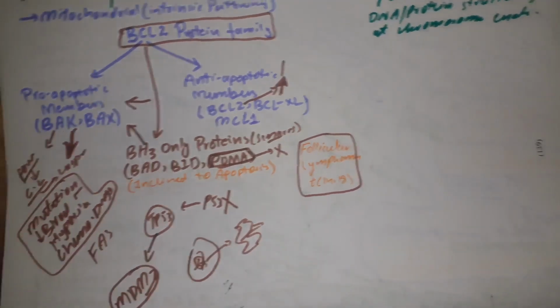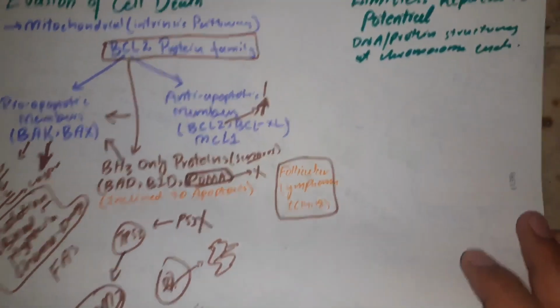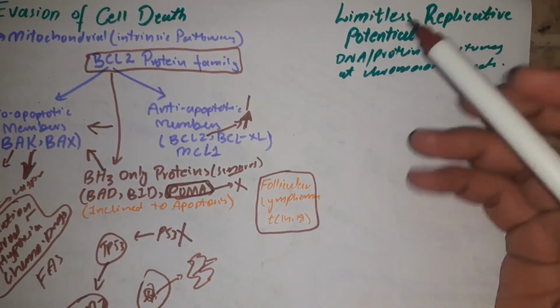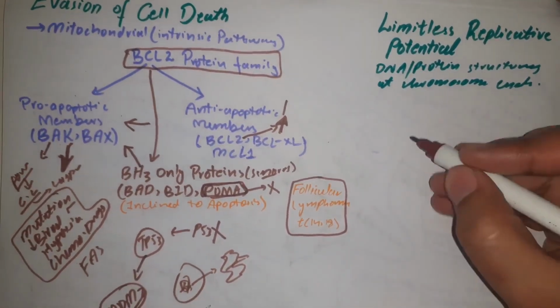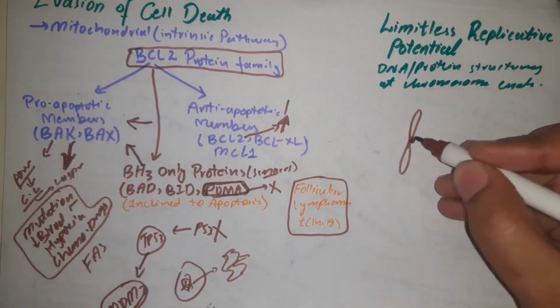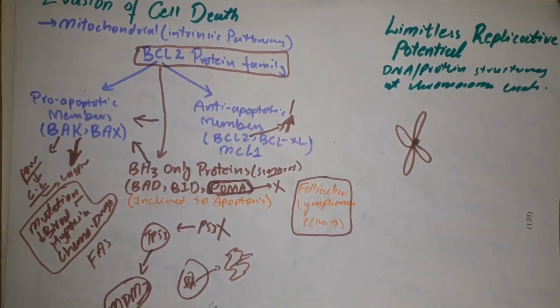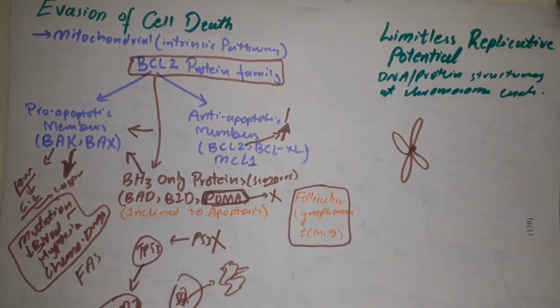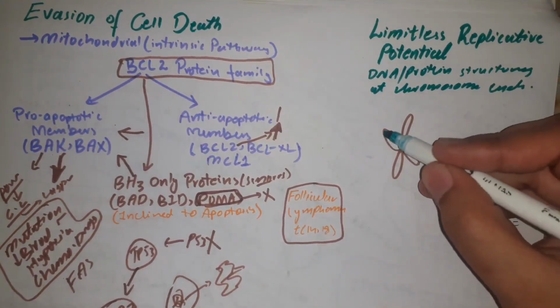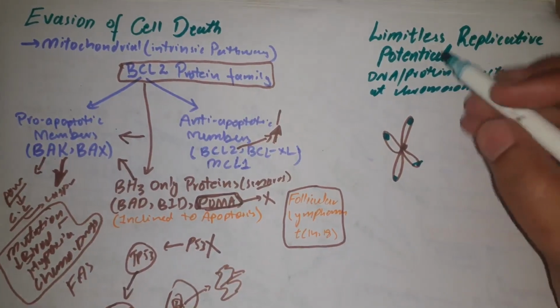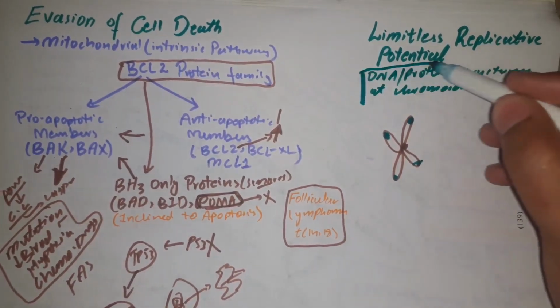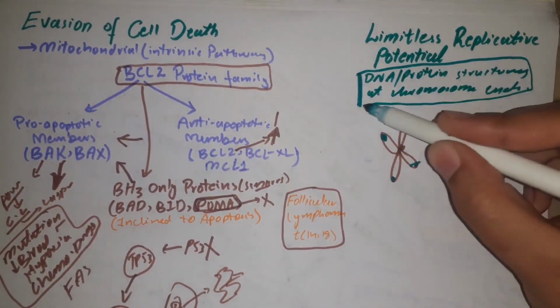Our next topic, the next cancer hallmark, is limitless replicative potential. We know that in normal cells, supposedly this is a chromosome here, and at the chromosome ends there is normally a portion of DNA sequence and proteins which are called telomeres. These telomeres are basically specific DNA and protein structures attached at chromosome ends.